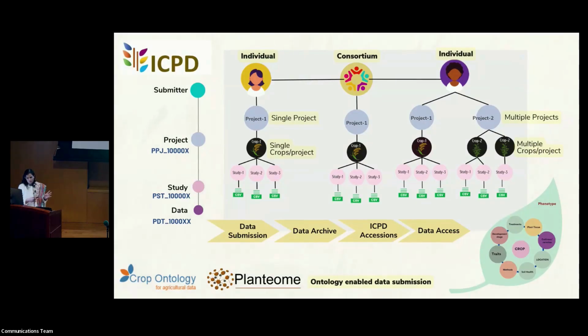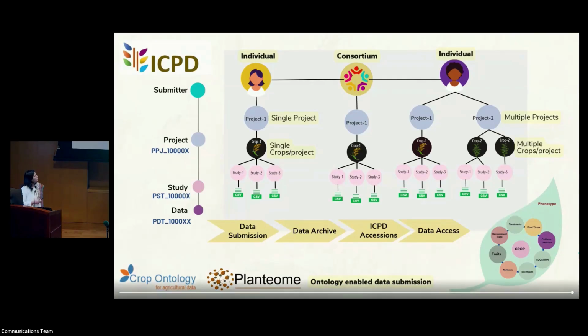So in this way, we try to give users a framework where if he has a single project, he is able to submit multiple projects. It can support multiple crops per project. It can support collaborations, and different types of schemas are there.